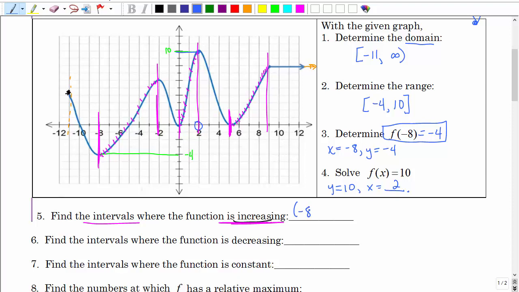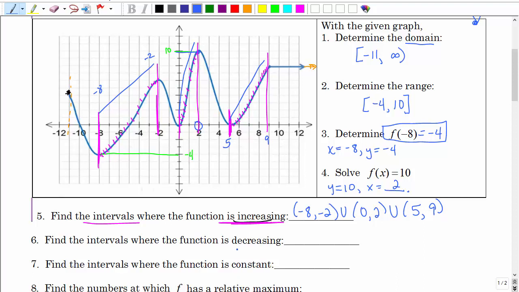So we have from -8 to -2, and then from 0 to positive 2, and it looks like from 5 to 9. Again, from here to here, from -8 to -2, from here to here, from 0 to 2, and from here, and that looks about 5 to 9.